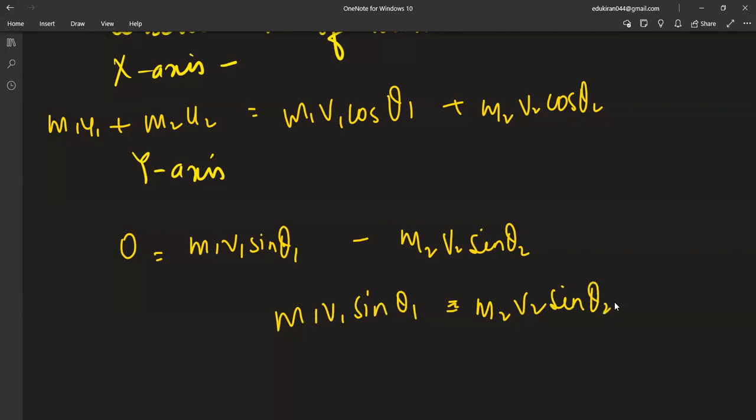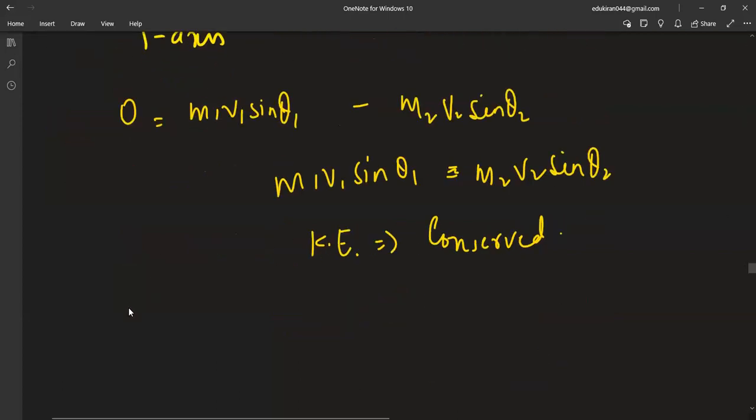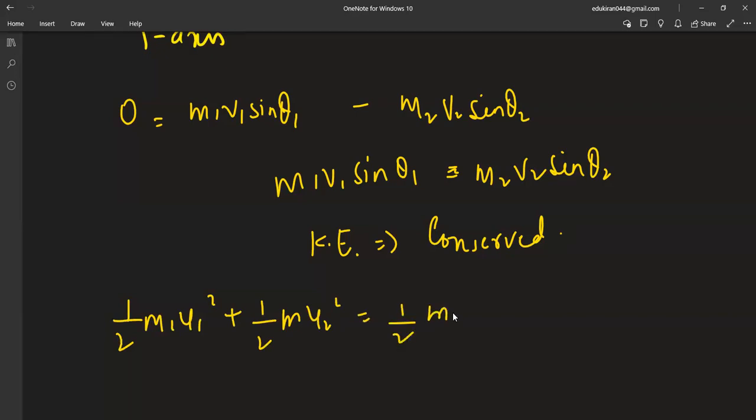Now, since kinetic energy is conserved in elastic collision, the kinetic energy equation will be half m1 u1 square plus half m2 u2 square is equal to half m1 v1 square plus half m2 v2 square.